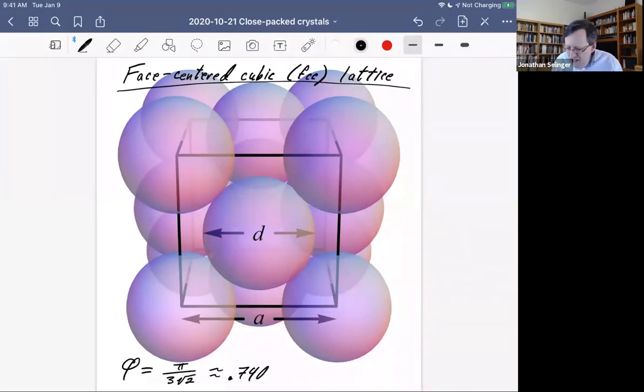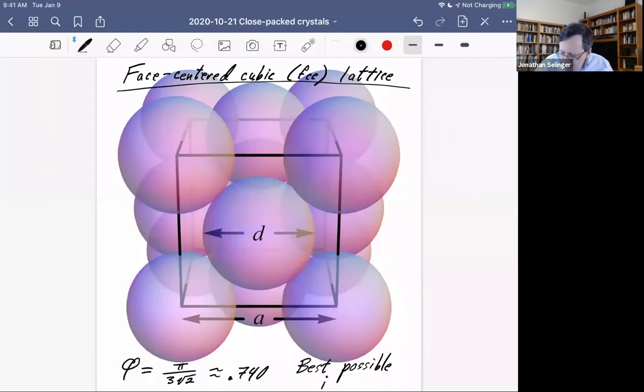So this is distinctly better than the simple cubic lattice. It's not as good as how we could do in 2 dimensions, but it turns out this is the best that is possible in 3 dimensions. There are mathematical proofs of that, which I won't go into here.